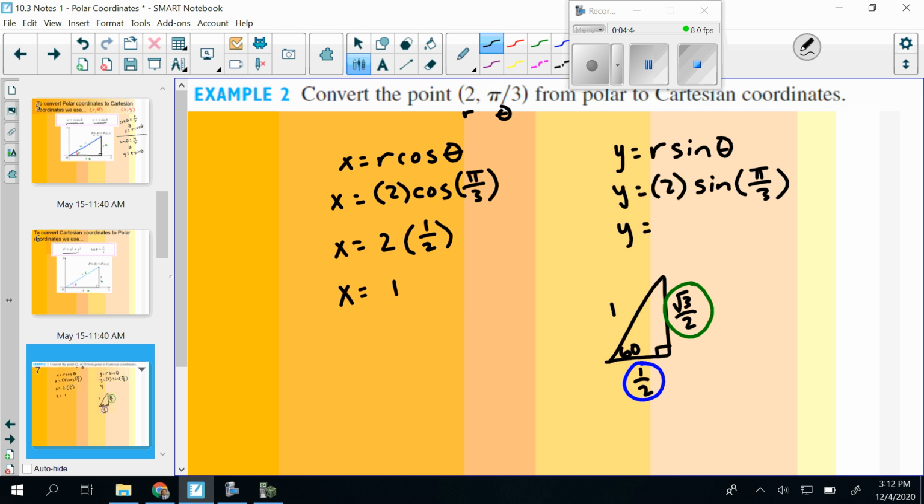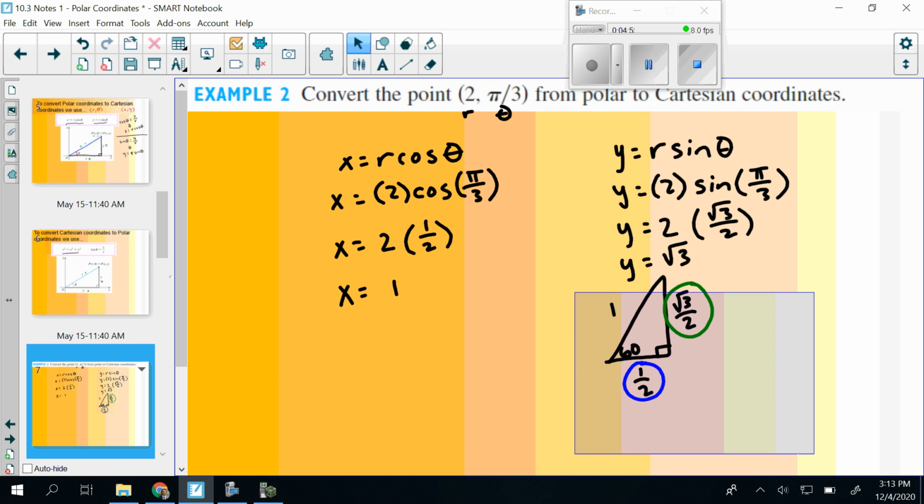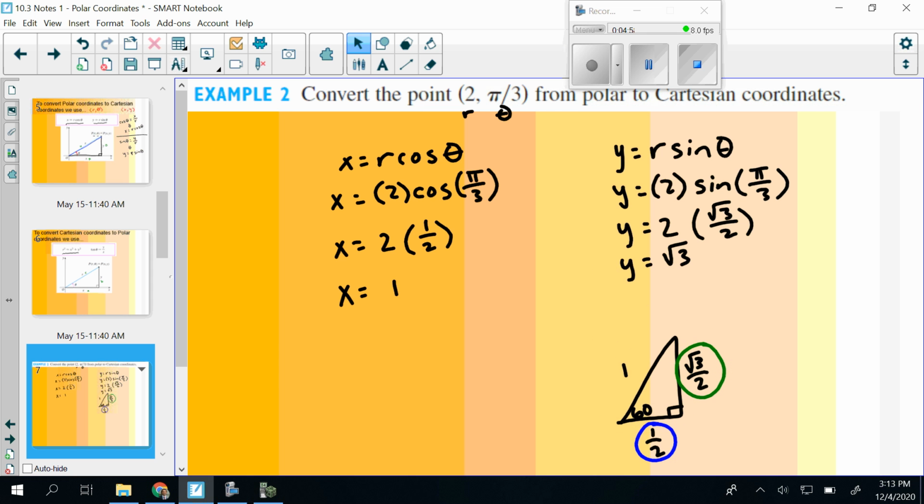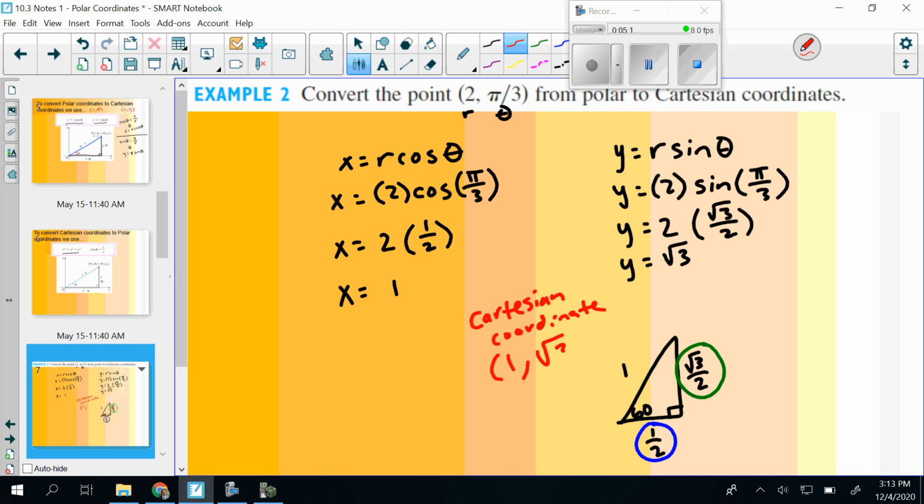So y would be 2 times square root 3 over 2, or looks like y would just be square root 3. And so our Cartesian coordinate on this one would be (1, square root 3). So that would be the exact value of that one.